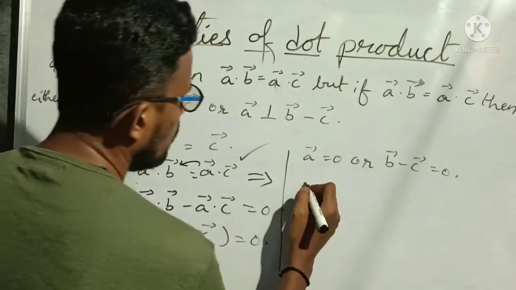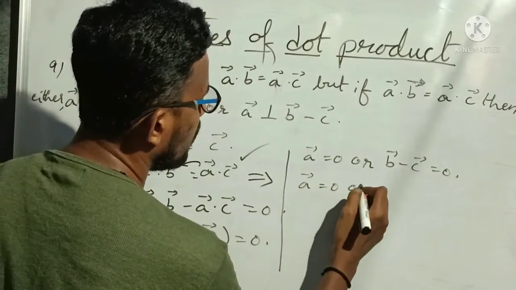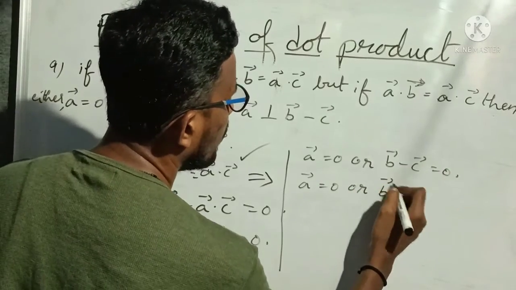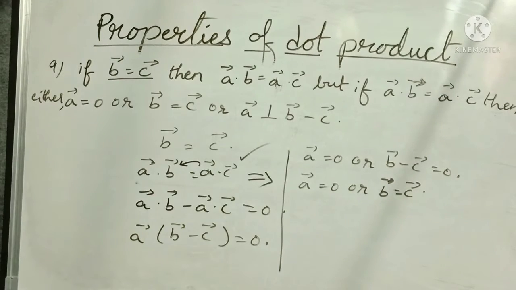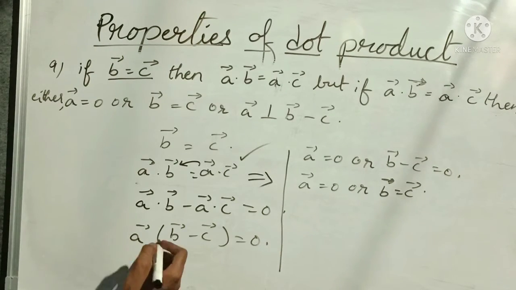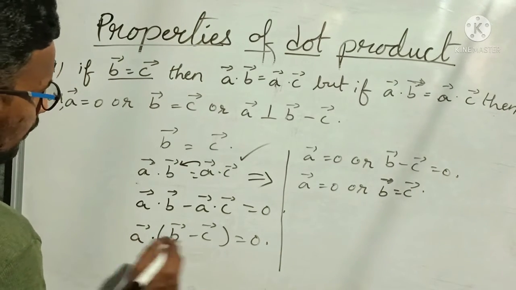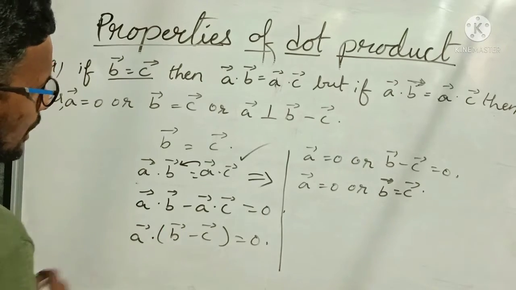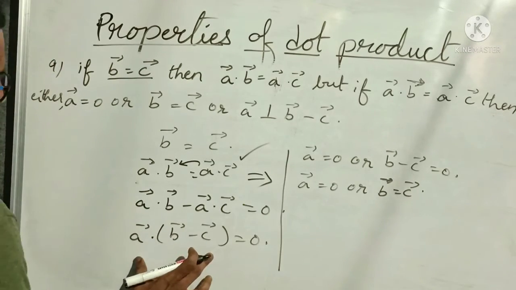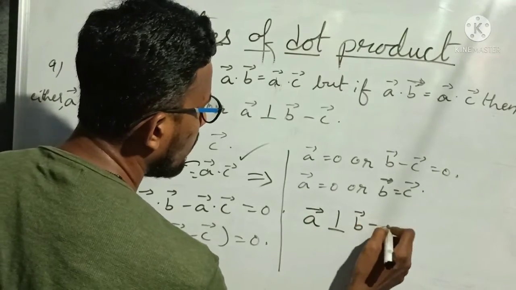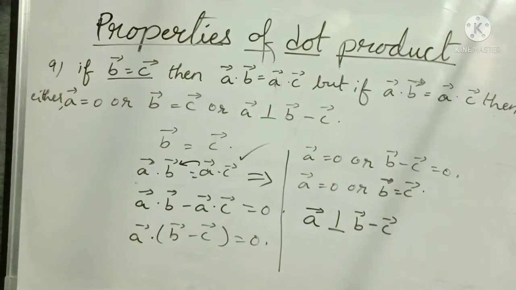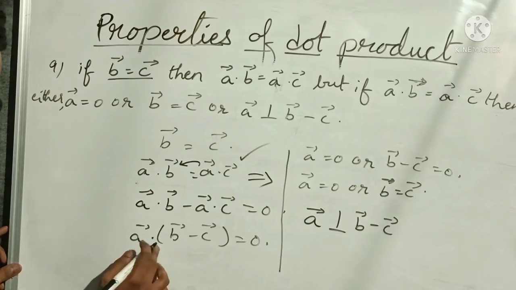So either A bar is equal to 0, or B bar minus C bar is equal to 0, which is nothing but B bar is equal to C bar. Right? And if the dot product of A bar and B bar minus C bar is equal to 0, what more can I say? That is, A bar is perpendicular to B bar minus C bar, from this dot product.